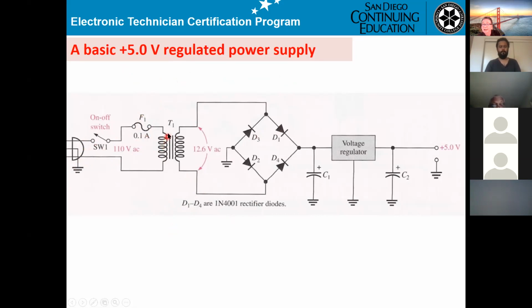Okay, when it comes out here, you get 12.6 volt secondary, basically depending on T1 here, the ratio between the primary and secondary winding. So they've given you 12.6 volt. And it goes to the bridge rectifier. When it comes out here, you get this capacitor here.